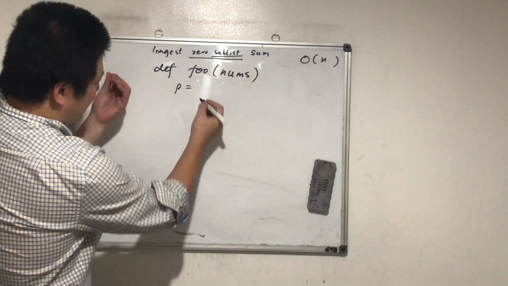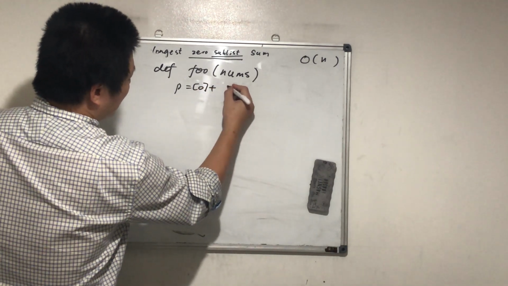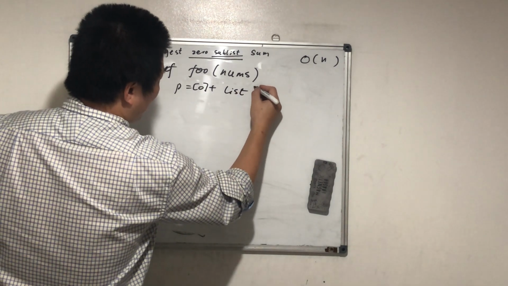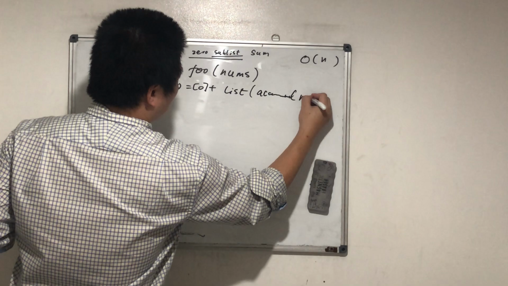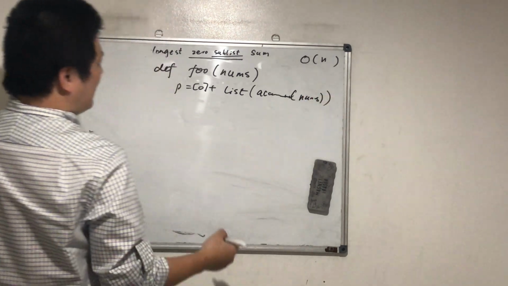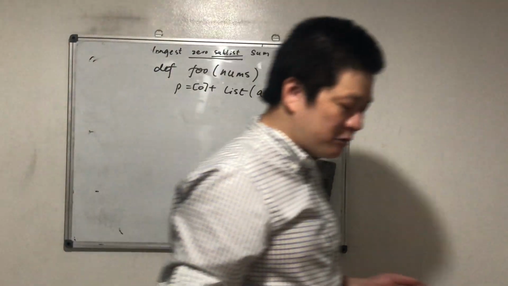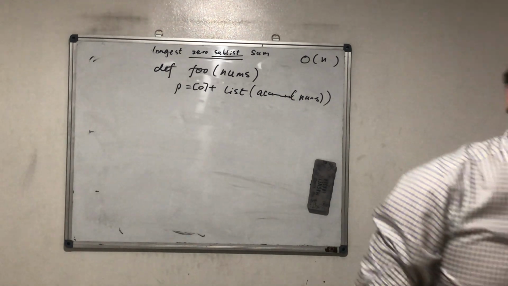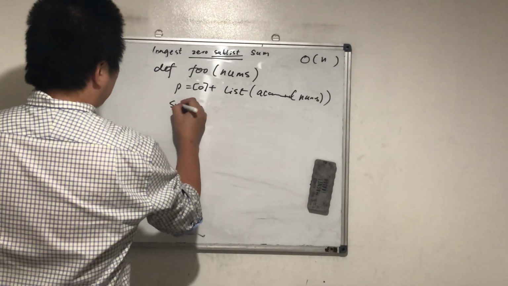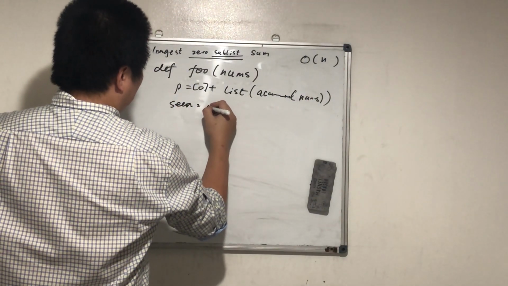At the beginning I put a 0, plus list of accumulate. Remember this accumulate function? We can use accumulate on nums, right? And now what do I do with this? Because I already have this, I also need to put this in a seen hash table.